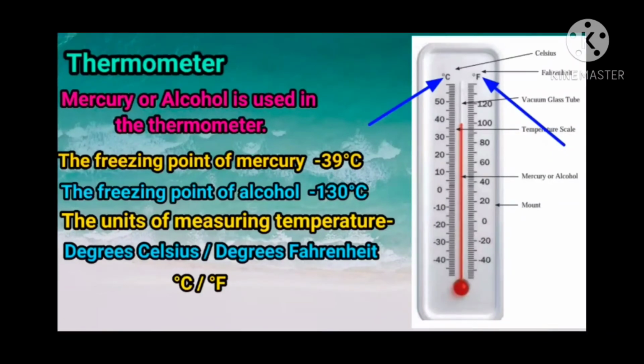Both the materials are highly sensitive to temperature changes and hence are useful to show temperature variations from minus 30 degrees to plus 55 degrees Celsius. And the units of measuring temperature are degree Celsius and degree Fahrenheit. These are the units of measuring temperature.